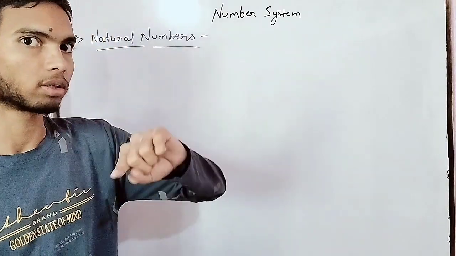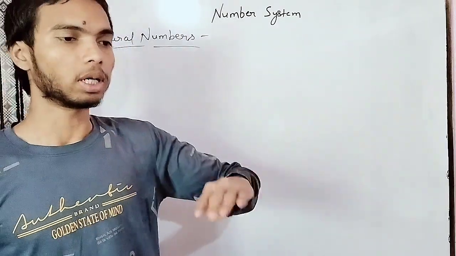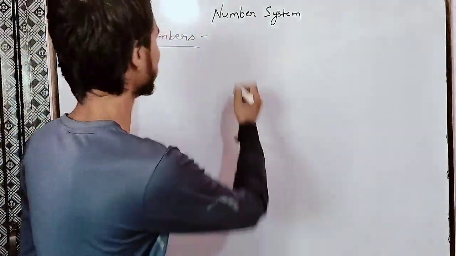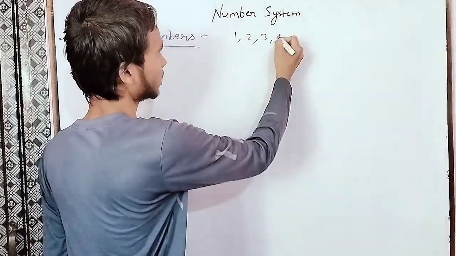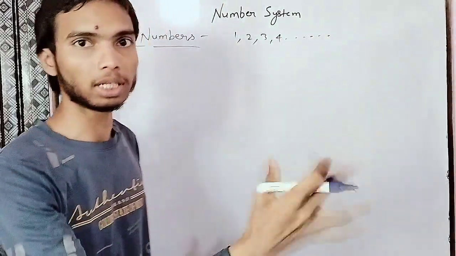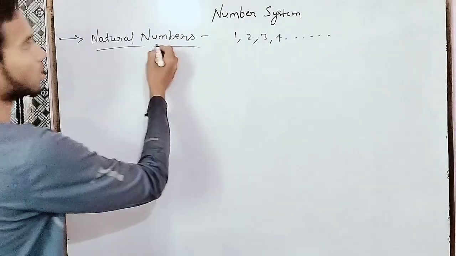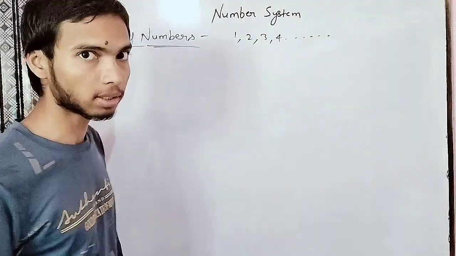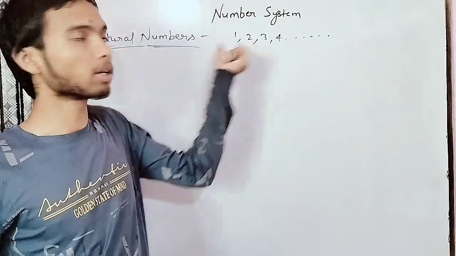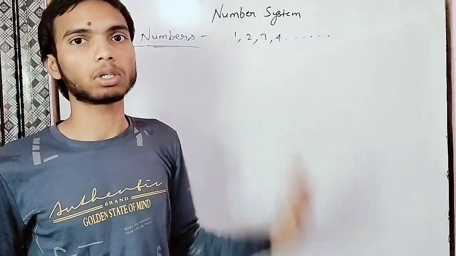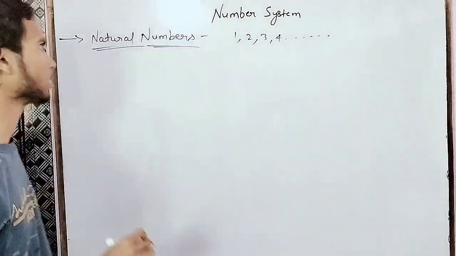Remember, if a number starts from 1 and goes on to infinity, this will be known as natural numbers. Clear? So natural numbers start from 1, then keep going on till infinity.